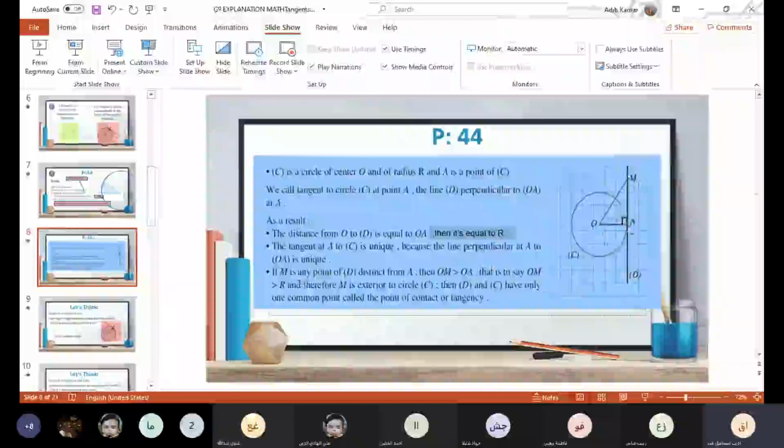The distance between the center and a point outside a circle is always greater than the radius. Therefore M is exterior to the circle C. Then D and C have only one common point, called the point of contact or tangency. So the tangent line and the circle have one common point, A, which we call the point of tangency. We continue.